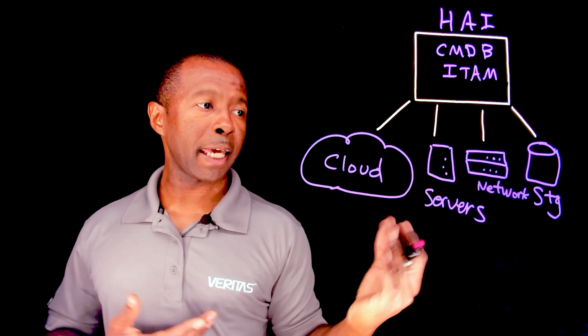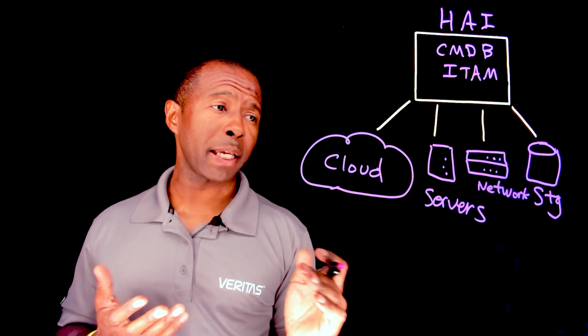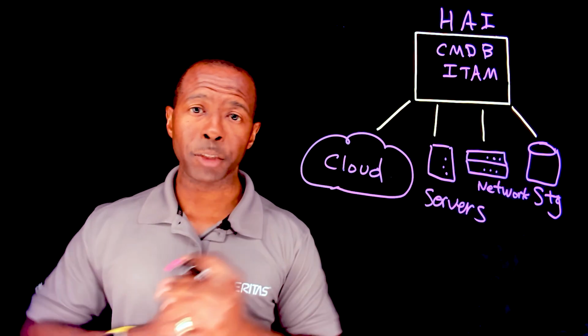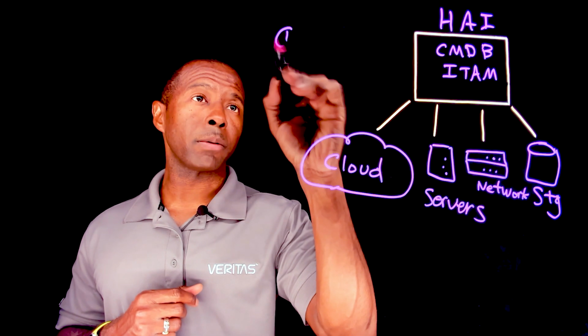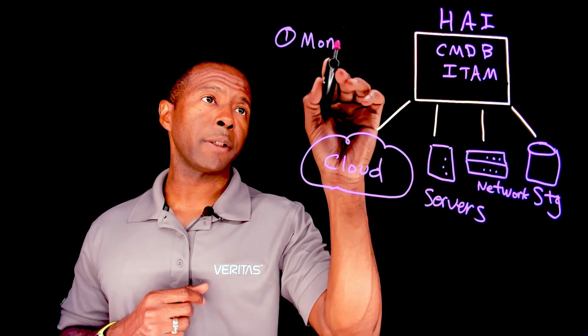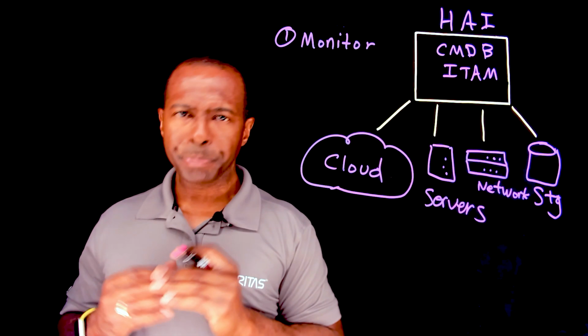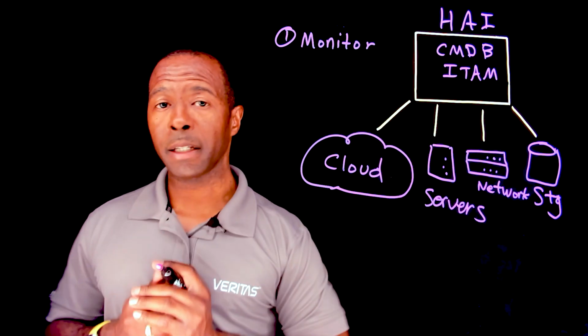So if you have a handle on all of these assets, you keep them updated, you have a way that you're keeping tabs on all of these particular assets within your environment, you can do some key things around, number one, monitoring all of these assets to make sure that you have a pulse on each asset in case a breach happens.